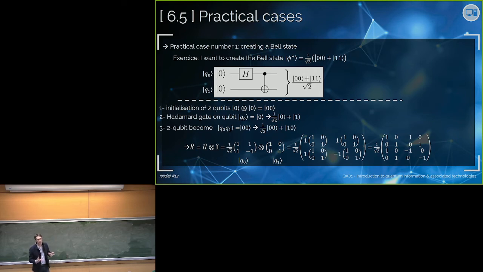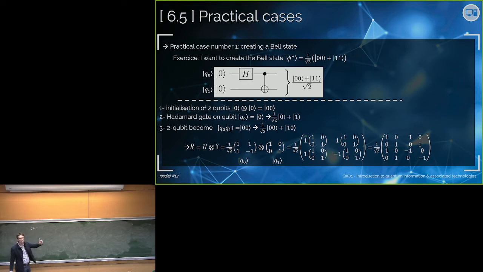The DiVincenzo criteria are 5 criteria, plus there is the extended plus 2. But in the 5, as we'll come back to in more detail, the first one is to be able to initialize your qubit. That sounds like not a difficult thing to do, but it could be for some systems. So the first one is to be able to control the state you want to put in.